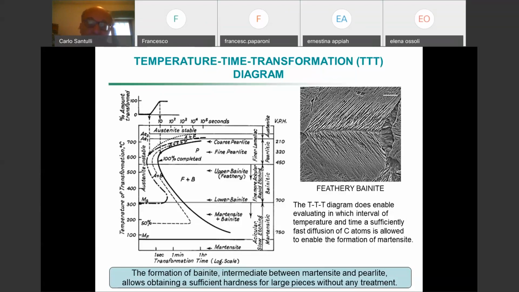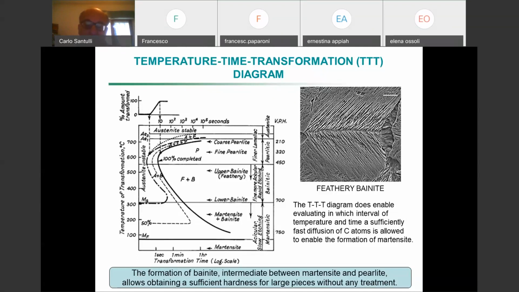We have other different phases. If you are at low temperature and you wait a long time, you have martensite plus bainite. Bainite may take a form which is more compact, more amalgamated with martensite.